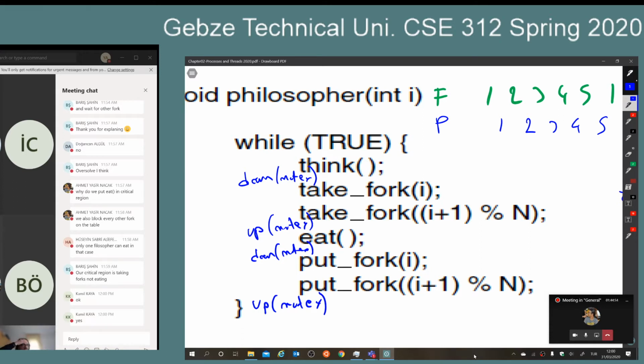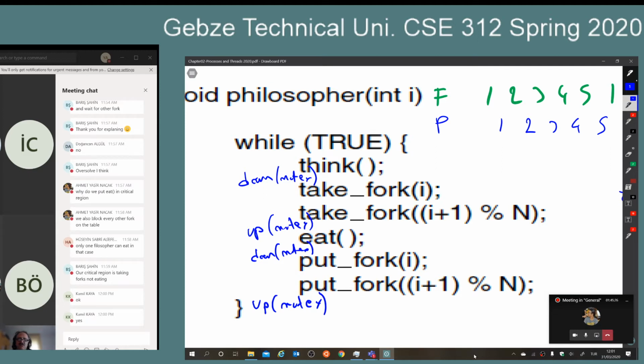The answer is no. What was the idea? Somebody said that those forks are shared resources. Taking and putting forks should be in critical region. Ahmet Yasir said it at the beginning. So I did that. Downing the mutex and upping the mutex, it is done this way.